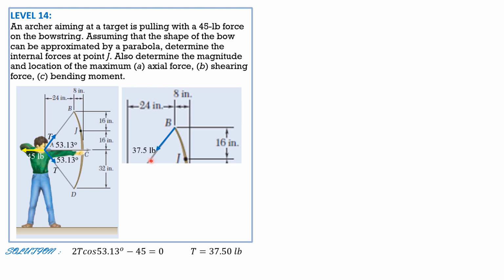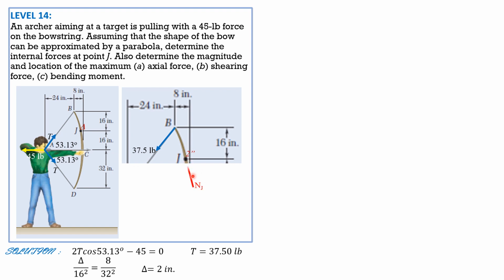This is the tension, 37.5 pounds, and it makes an angle with the horizontal of 53.13 degrees. Let's call that distance delta. By the square property of parabola, delta is to the square of this distance as 8 is to the square of this distance. So delta over 16 squared equals 8 over 32 squared. So delta equals 2 inches.